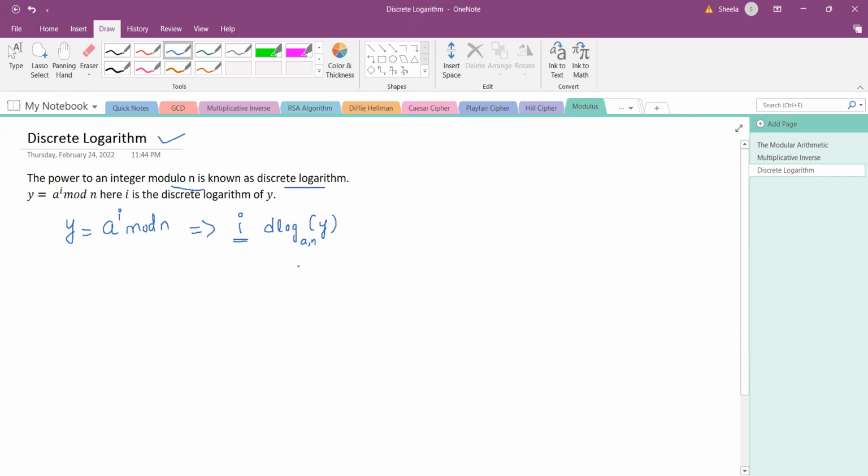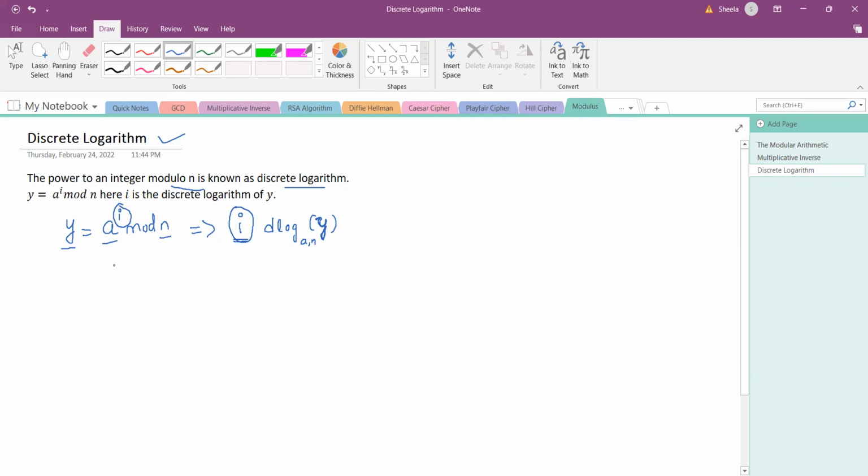So when we consider discrete logarithm, we express the exponent i, which is considered as the discrete logarithm. If you know the value of y, a and n, finding the value of i is hard or infeasible.